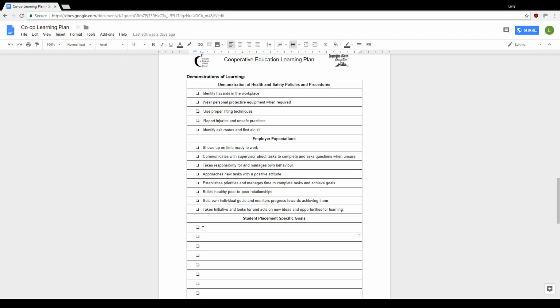Are you trying to learn new things that you maybe didn't know before? Are you trying to learn about how your career is different in Canada compared to the country you worked in before? There's a spot here for about nine different specific goals. This is your job now to fill this in. So that's the third page.